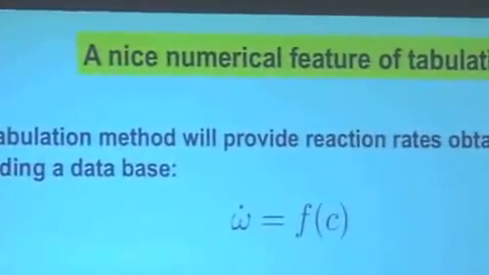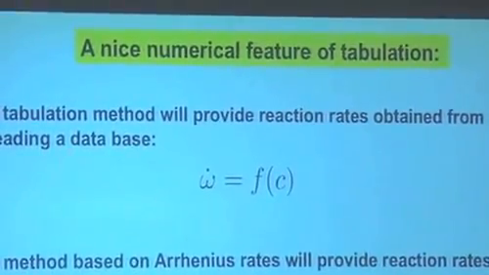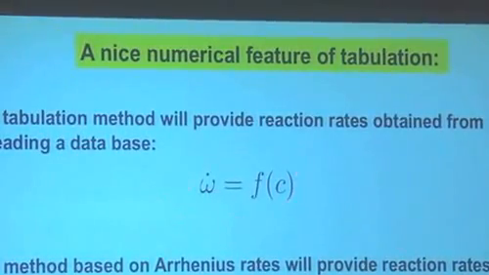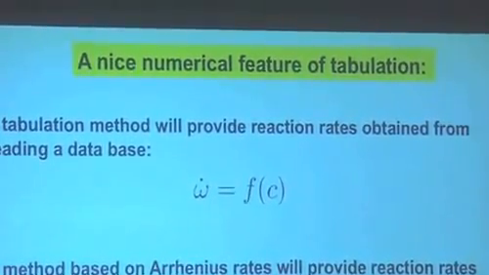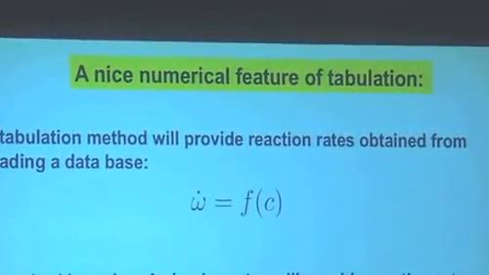Just a feature, again, which is interesting about tabulation methods, especially if you write a code, is that the reaction rates are stored in a table and they only correspond to physical values because they come from a laminar flame. They don't have stupid values there.